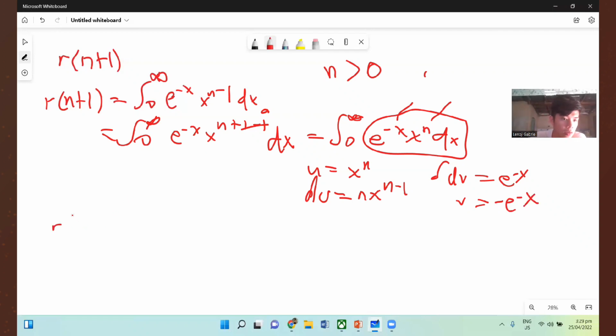So gamma of n plus 1 is equals to, so we are now integrating that uv. So what is u? x raised to n. Then what is v? Negative e raised to negative x.